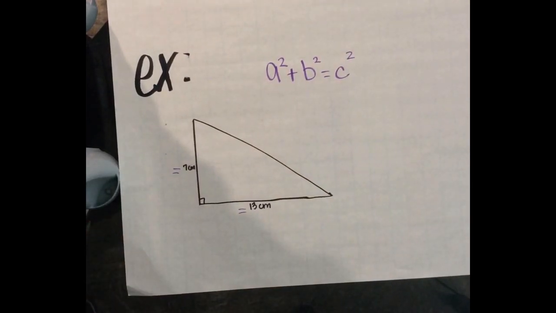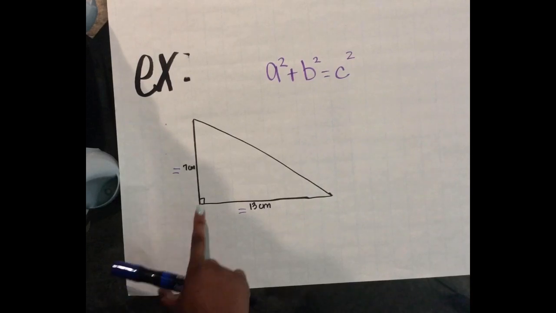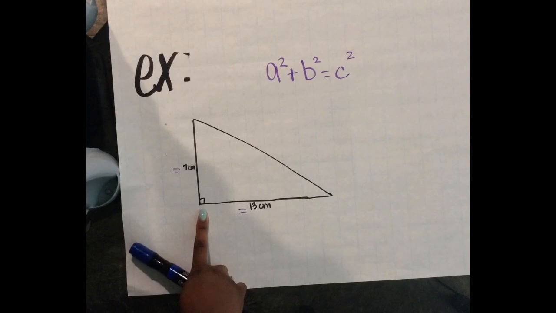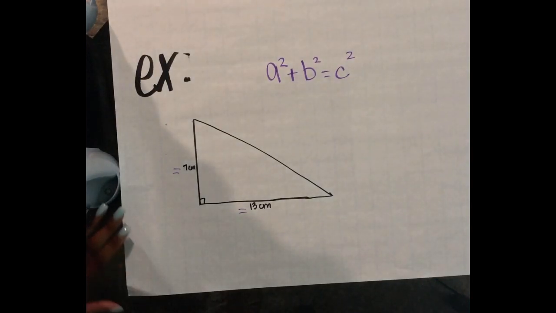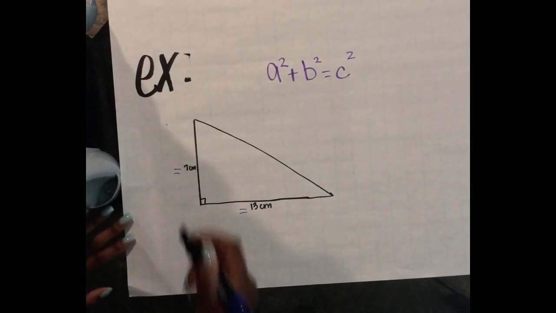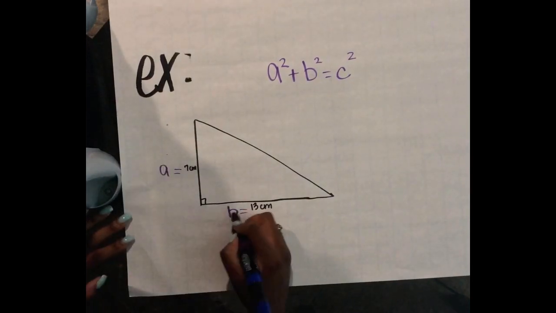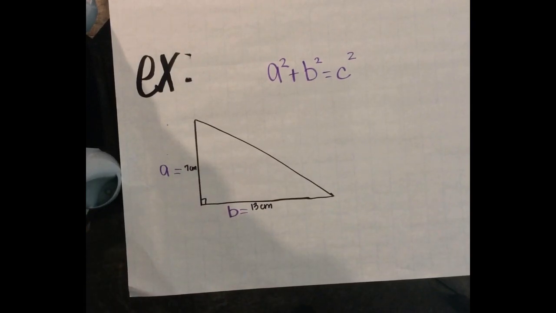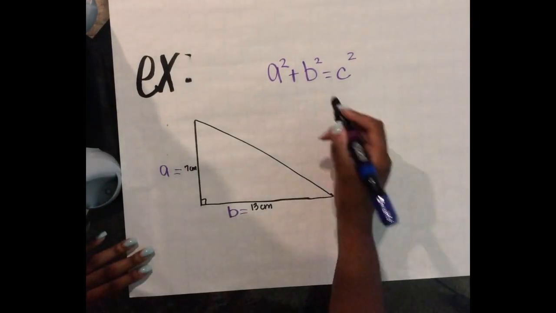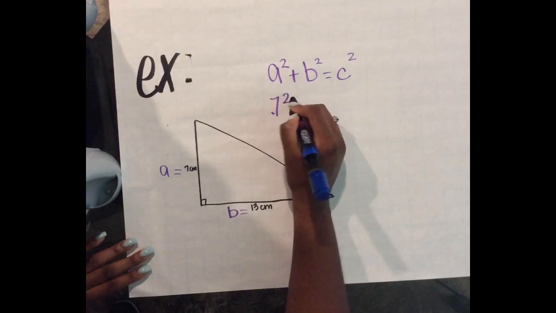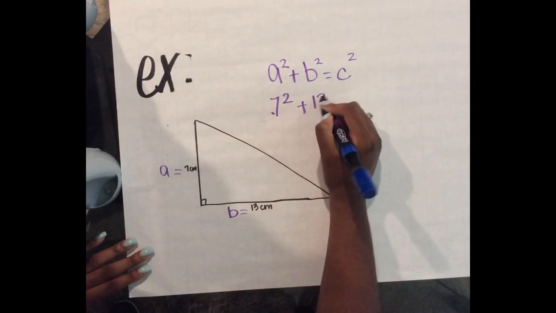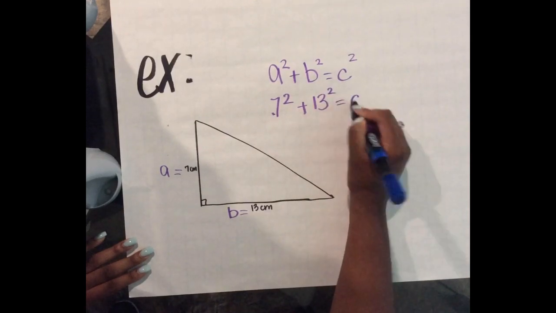And guys, the way that you know you're doing Pythagorean theorem, you're going to see this little box in the corner and it lets you know that that is a right triangle. You only can do Pythagorean theorem on a right triangle, okay? So 7 is A, 13 is B. We have 7 squared plus 13 squared equals C squared.